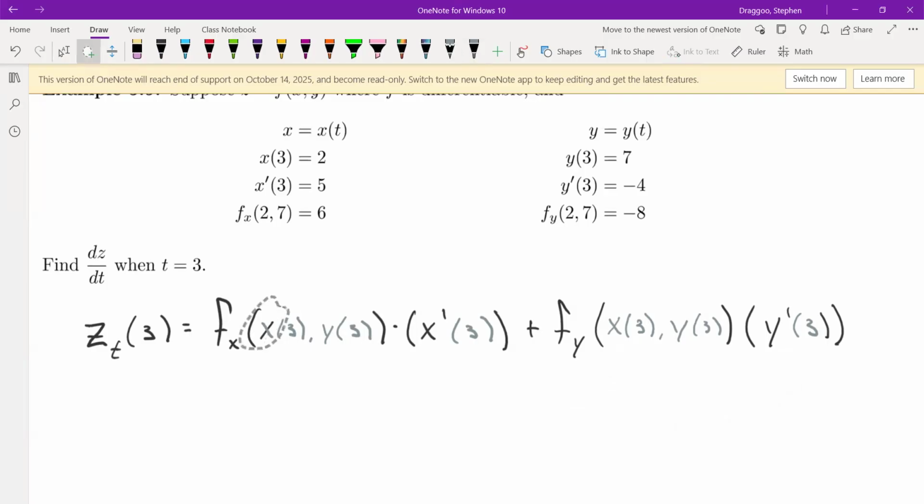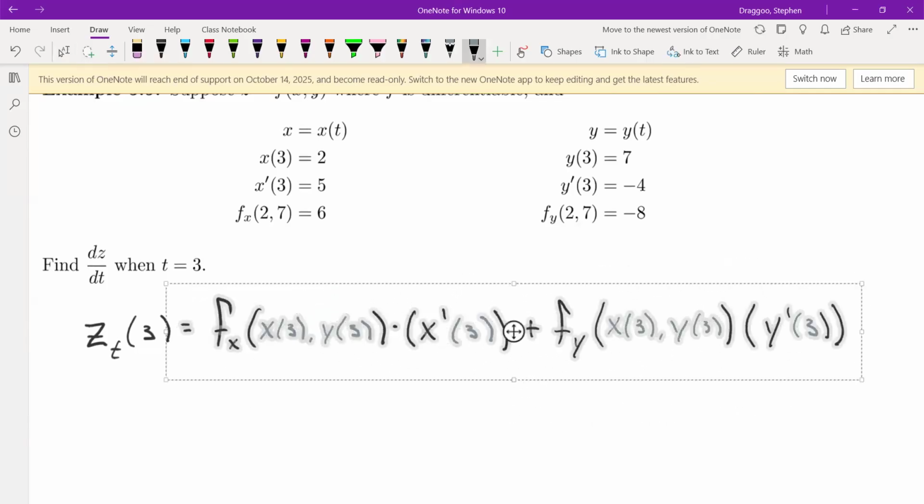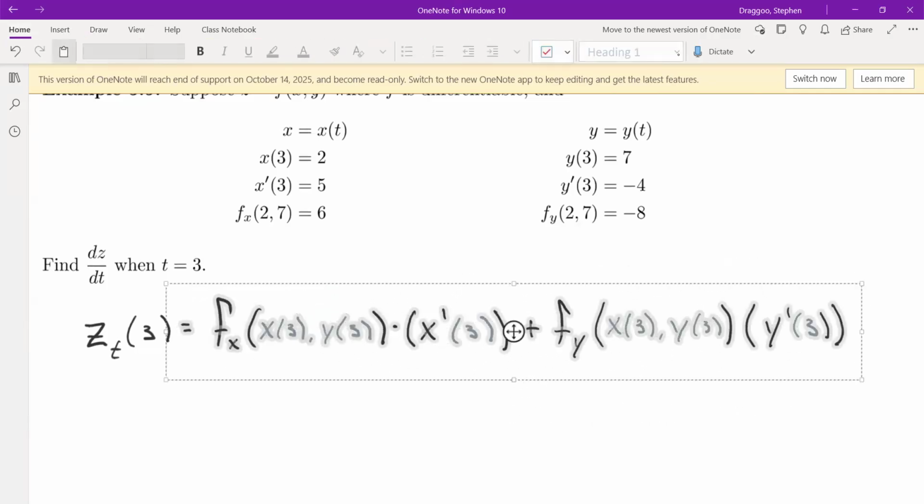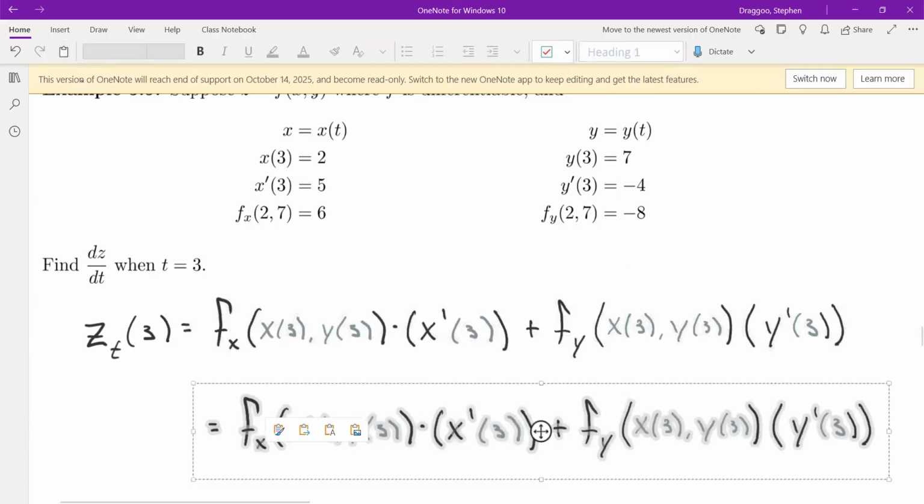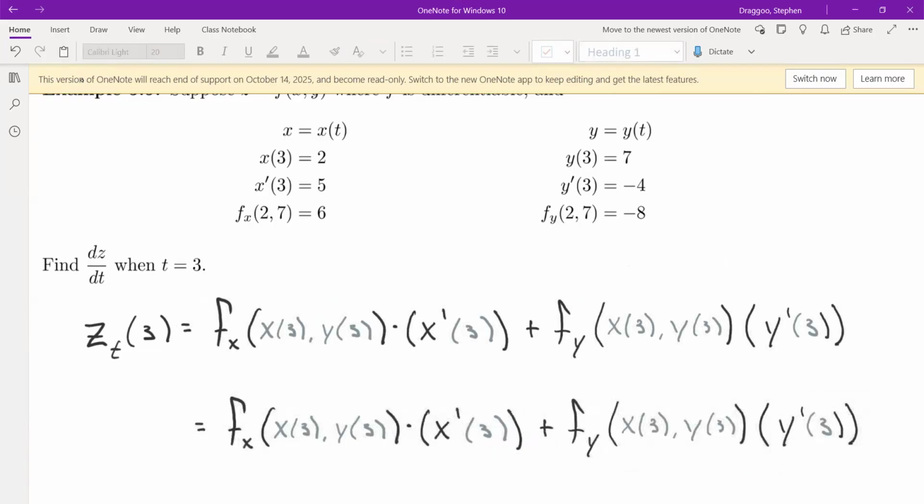So my structure is still my x partial of f times the x derivative plus my y partial of f times the y derivative. Just to keep some of the chain rule bits flowing there. Oh, I conveniently put it basically in the right spot.